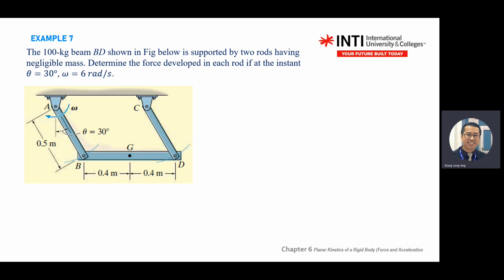In this case, you are standing like this, right? If you are A, you are standing like this, right? So the rod AB, you are holding like that. So AB is connecting to BD with 100 kilogram. So what do you feel?